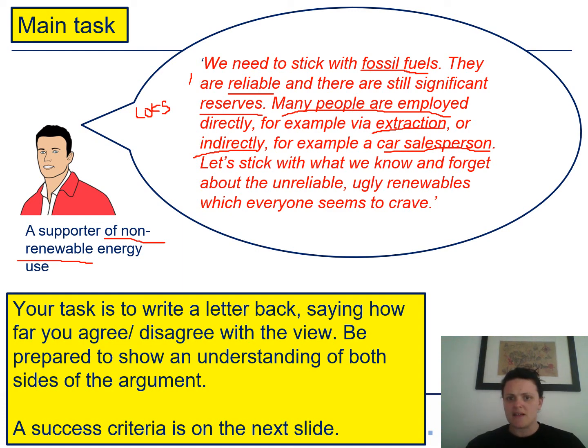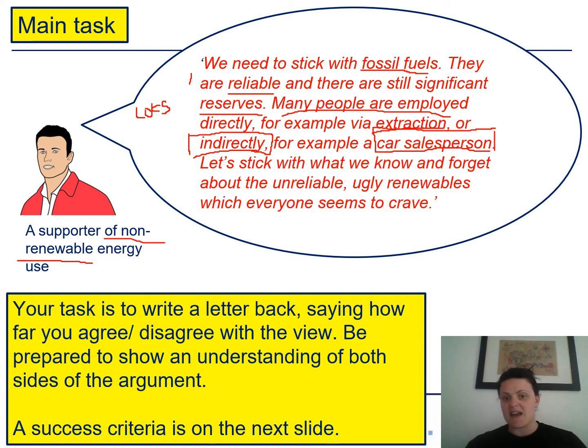Well, he means that the non-renewable fuel industry is employing people to sell the products. So a car needs petrol. Petrol is non-renewable. So the person selling the car needs petrol for his job to work. Otherwise, he won't have any cars to sell.